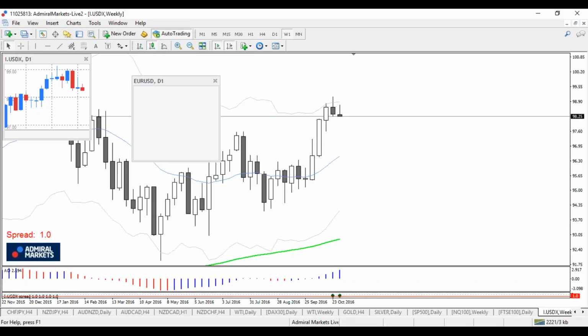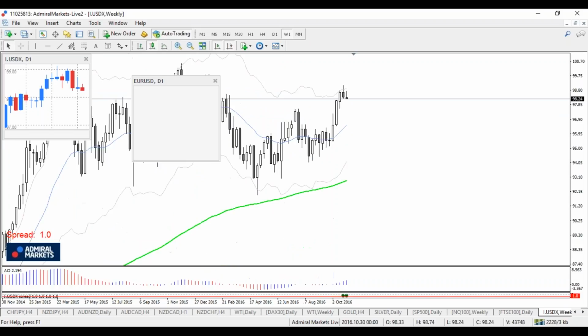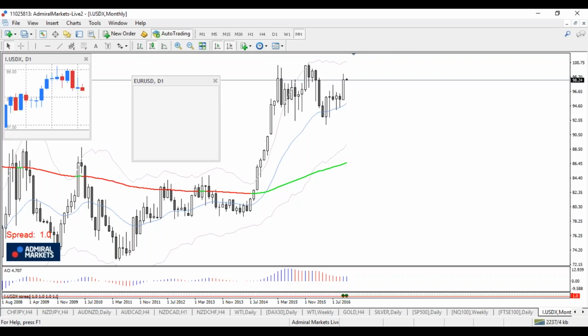The euro dollar is following that pattern, isn't it? This looks to me still like a correction on the dollar index. Monthly candle is pretty strong, though. So maybe later this month, after the correction, later this year, or maybe the beginning of this year, we could still see more. We'll have to see. The timing is a bit difficult.